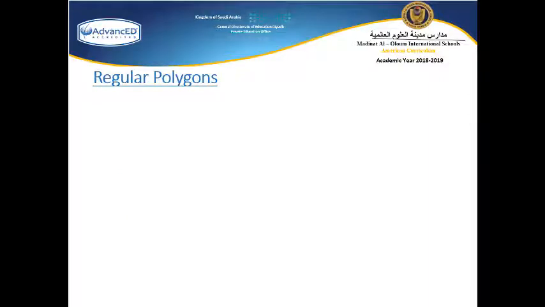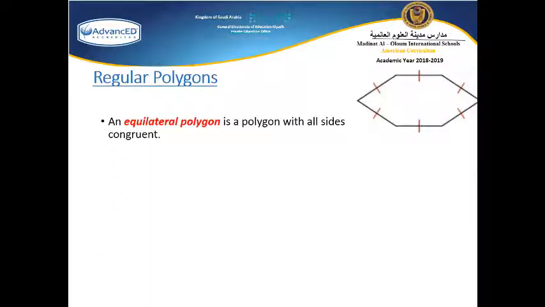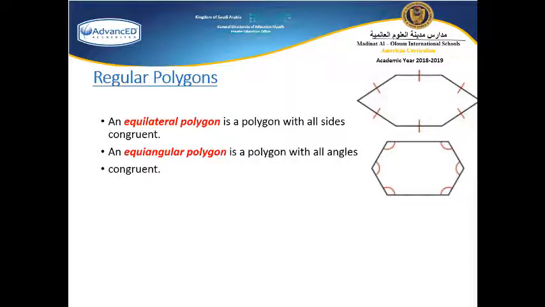The regular polygons. First, let me identify the equilateral polygon. As we explained before, an equilateral polygon is a polygon that has all sides congruent, all sides equal, the same length. An equiangular polygon is one where all the angles have the same measure, all of them congruent.